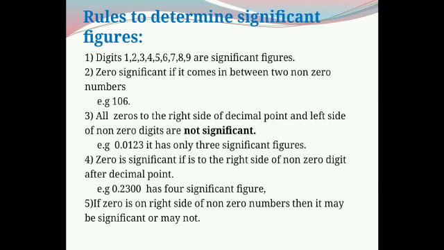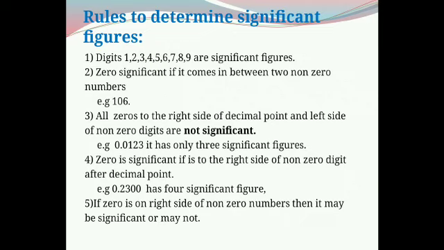And the fifth rule is: if 0 is on the right side of a non-zero number, then it may or may not be significant. For example, here 0.00476.